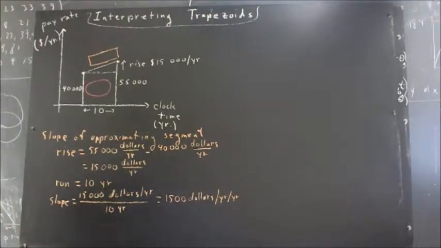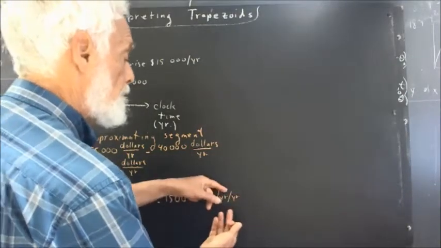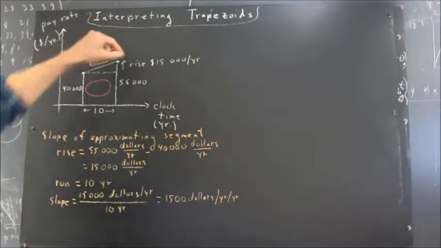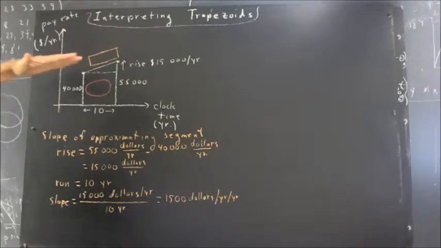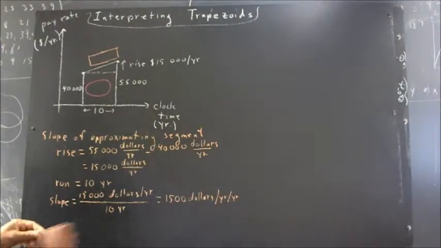This means that your pay goes up $1,500 per year on the average. Remember, this is the approximating segment. We would generally expect the pay rate to go up more in a curved fashion. The more you make, the more your pay goes up, although that's not always the case.